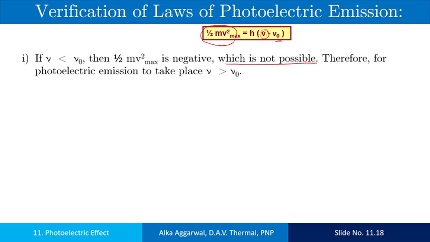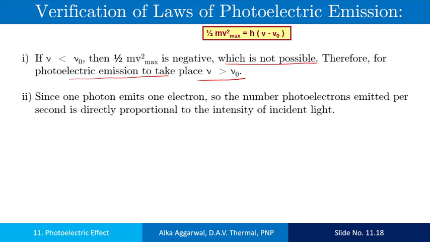So photoelectric emission takes place only when frequency is greater than the certain fixed value called threshold frequency. Secondly, the one photon emits one electron. So the number of photoelectrons emitted increases with the increase in the number of photons. Increase in number of photons means the increase in the intensity of the incident light.